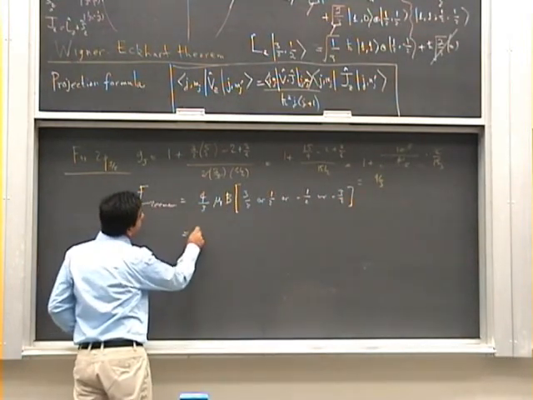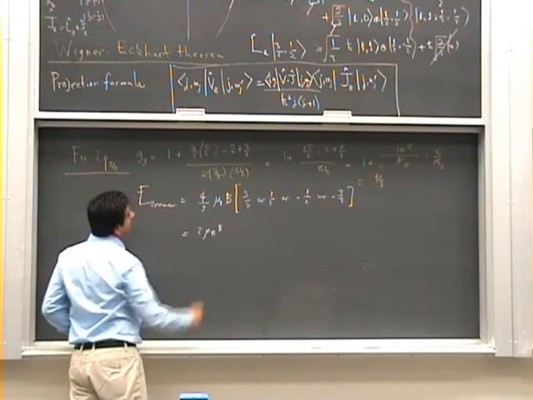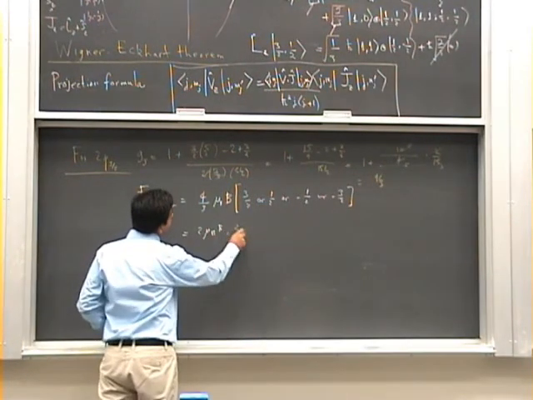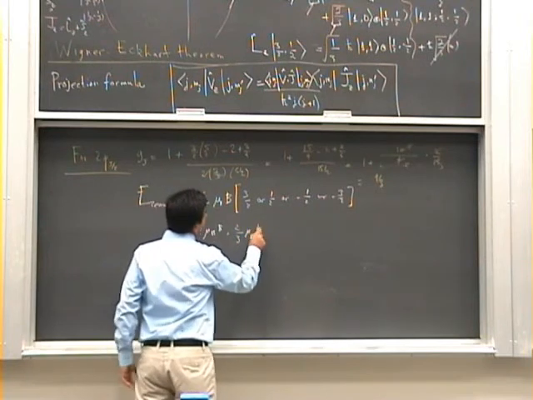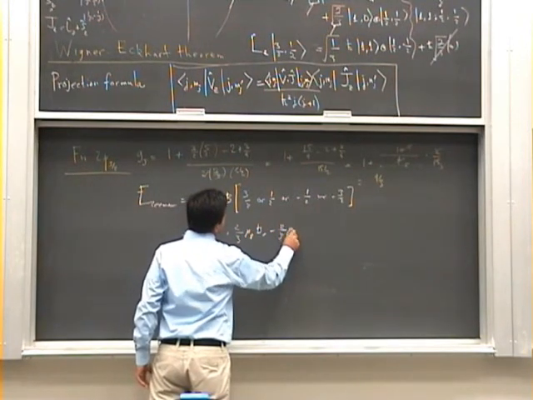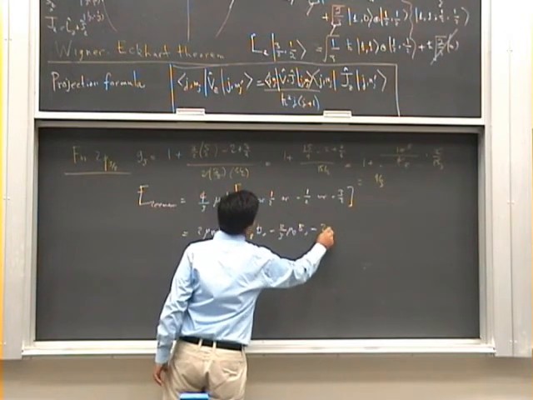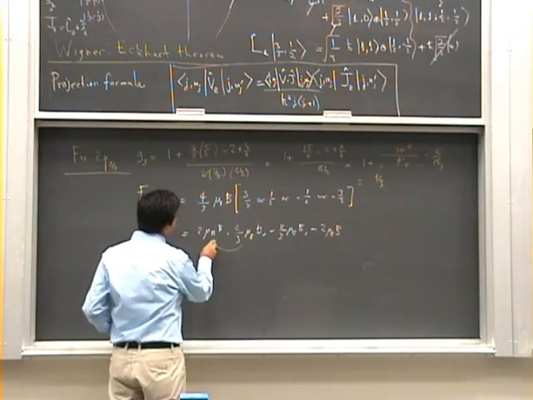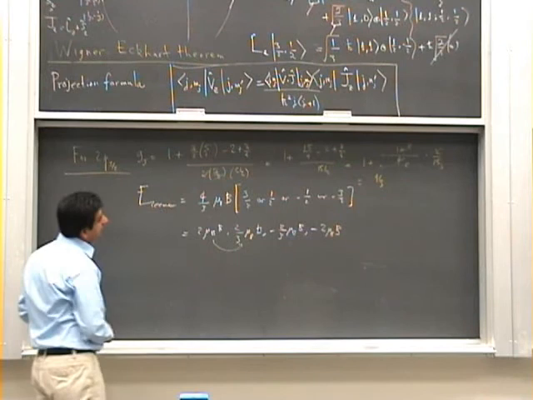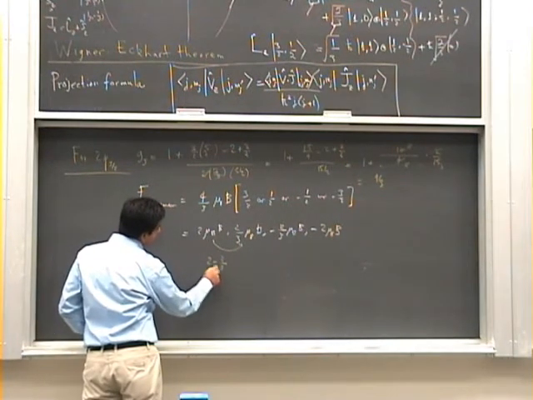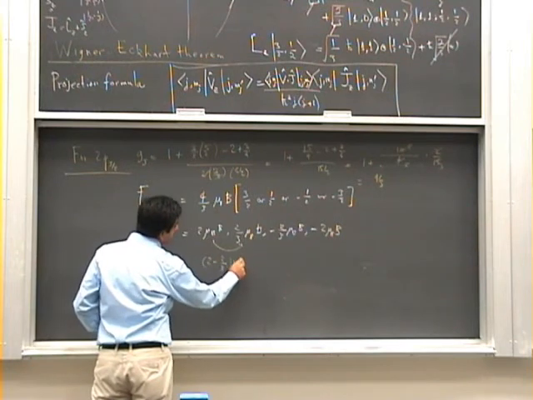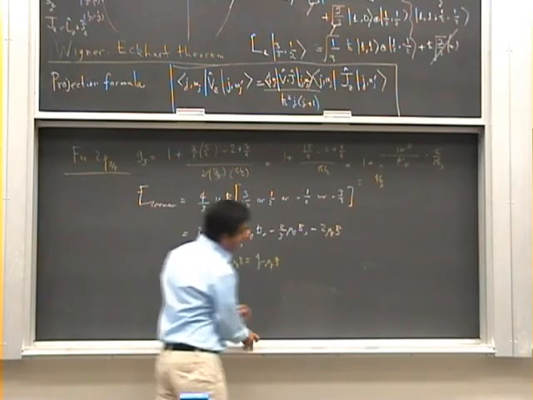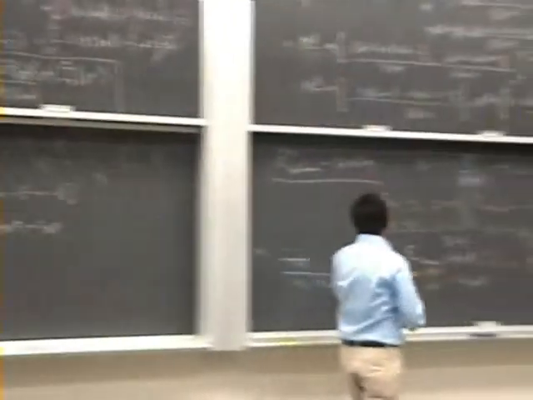So you can get levels at 2 mu b B, 2/3 mu b B, minus 2/3 mu b B, and minus 2 mu b B, and the spacing between any two adjacent levels is 4/3 mu b B. So this level is also split up, but now into 4 levels.